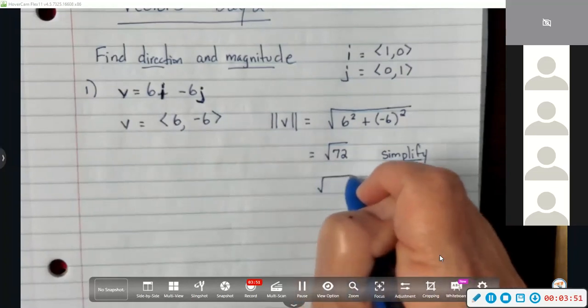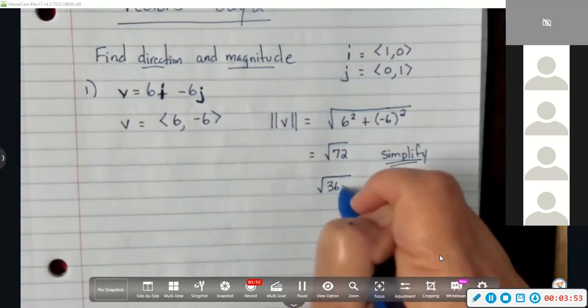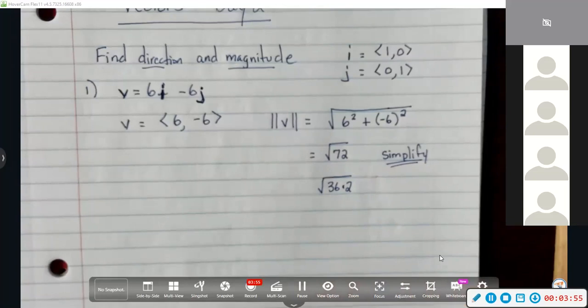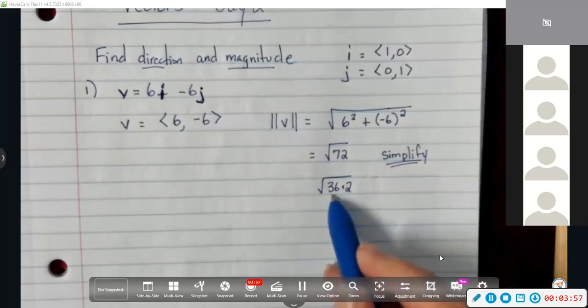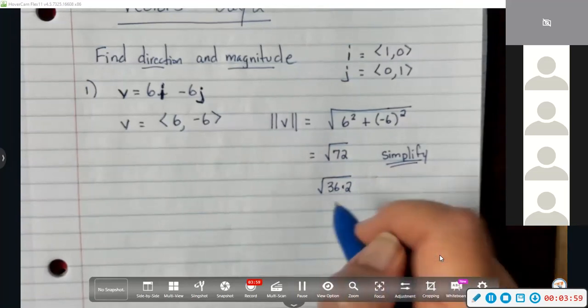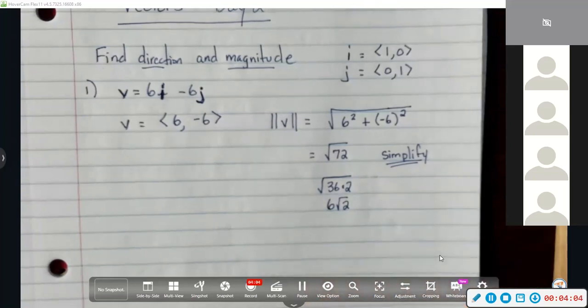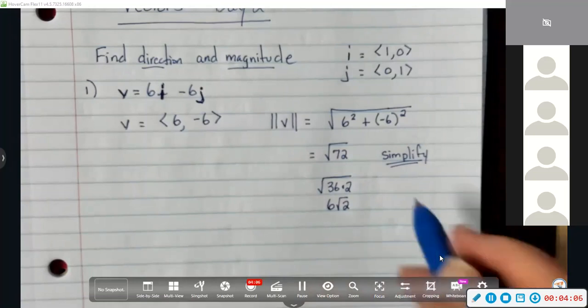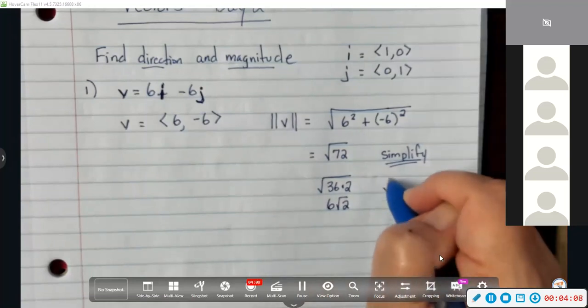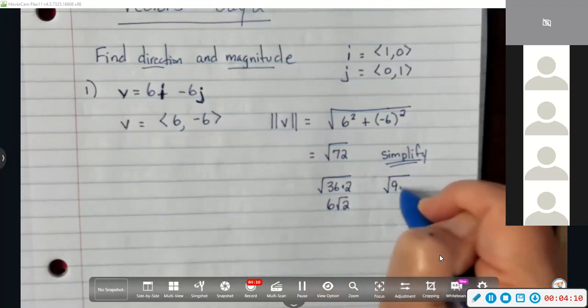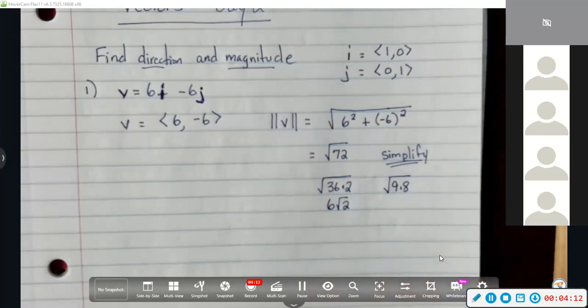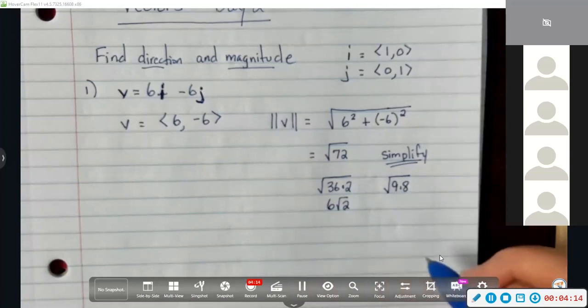So one person might see that that's 36 times 2. 36 is a perfect square. The square root of 36 is 6. So that's 6 times the square root of 2. A different person might see 72 as 9 times 8. 9 is a perfect square.